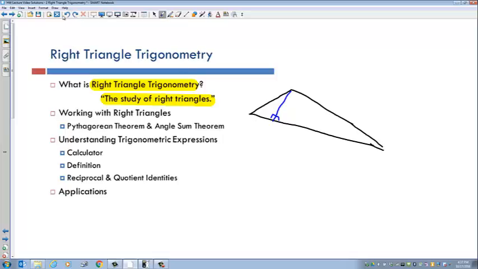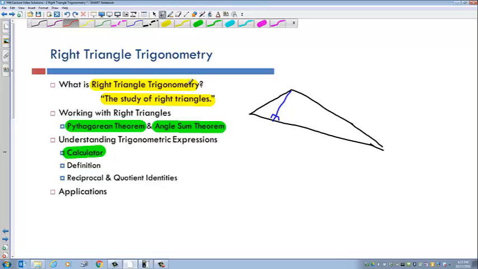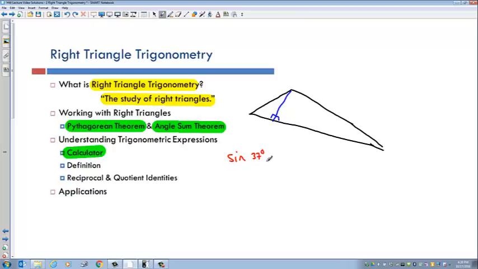When working with right triangles and triangles in general, remember the Pythagorean theorem for right triangles and the angle sum theorem for triangles in general, which means all the angles add up to 180 degrees. We talked about evaluating trigonometric expressions. It's really important that if you take the sine of an angle like 37 degrees and you get back a number, you understand what that represents.